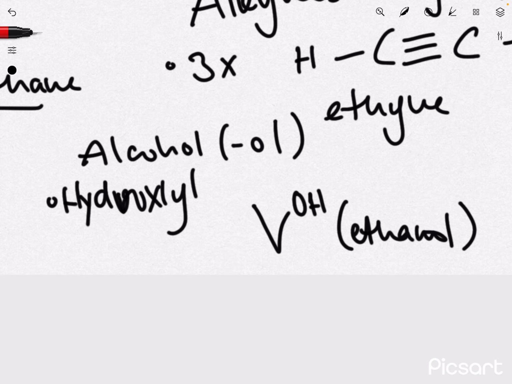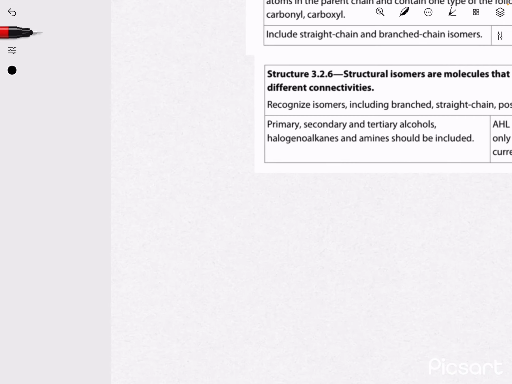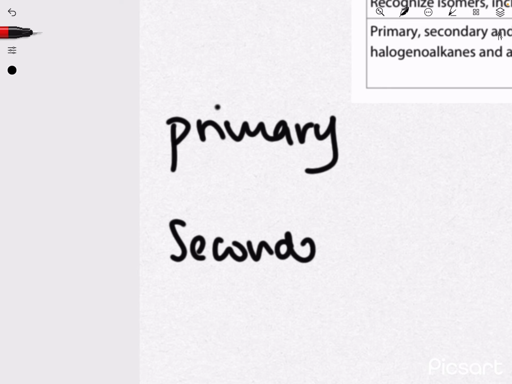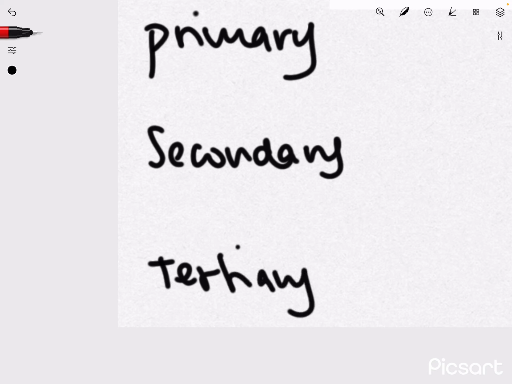Next up, we have different types of alcohol. There are 3 main types of alcohol: primary, secondary, and tertiary alcohols, and these all have to do with the number of carbons bonded onto the carbon that has the hydroxyl group on it.